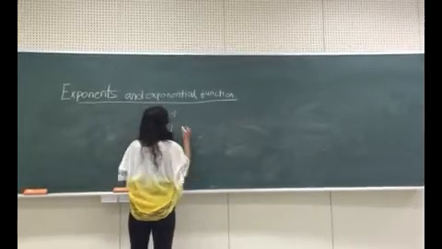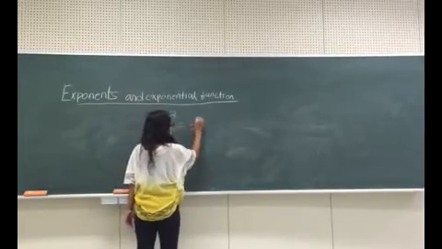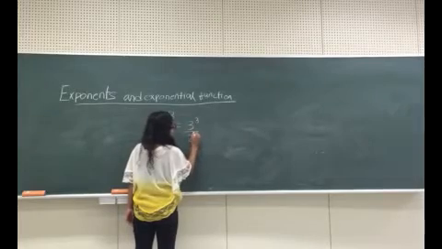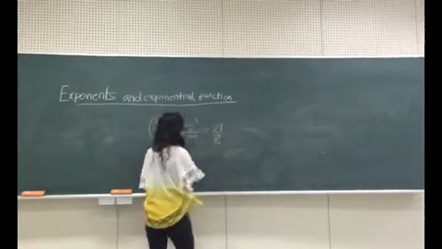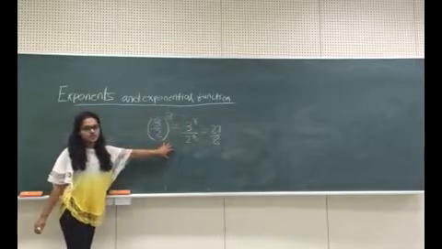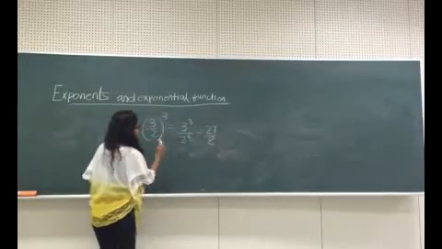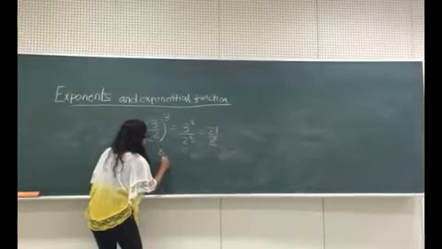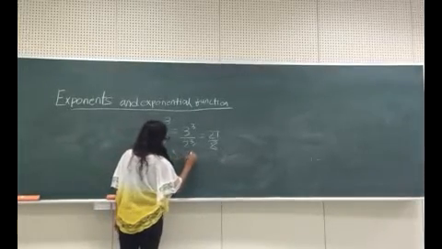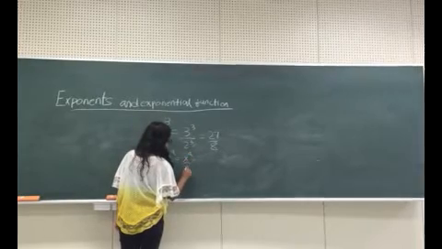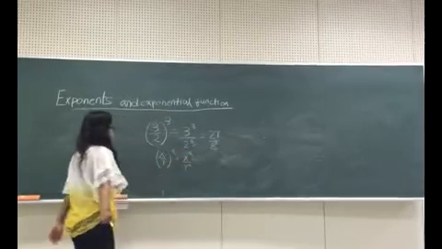So, this basically becomes 3 to the power cube by 2 to the power cube, which is 27 by 8. Yeah, normally we do this, which gives our first formula: x by y whole to the power a is equal to x to the power a by y to the power a.